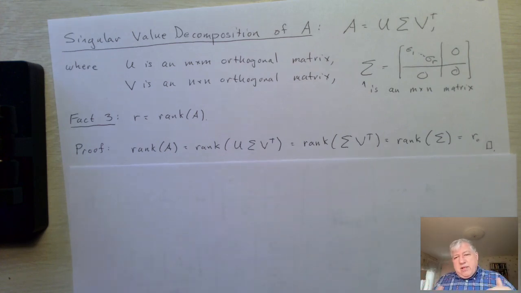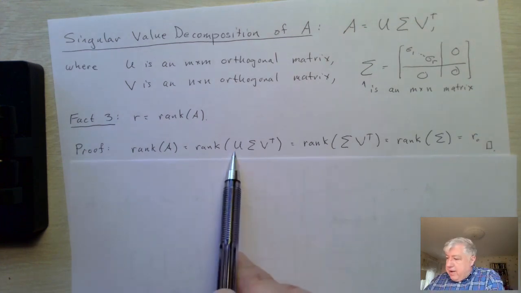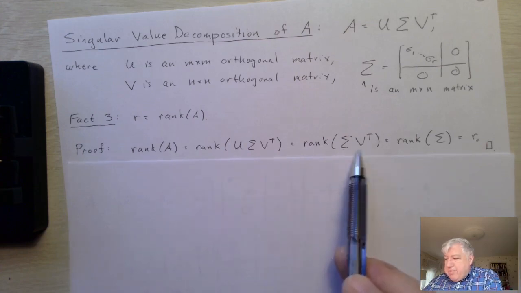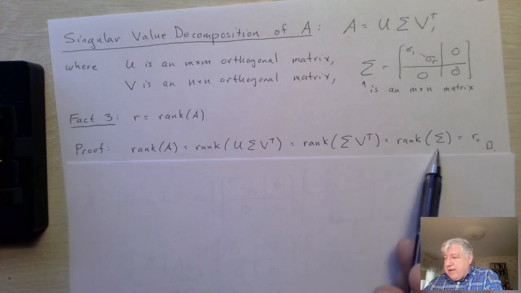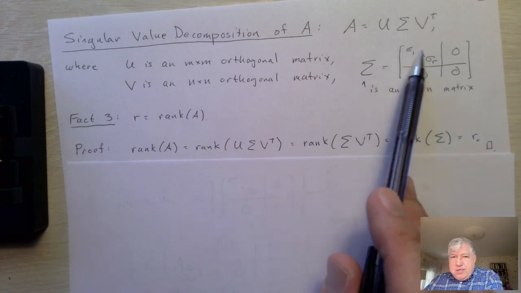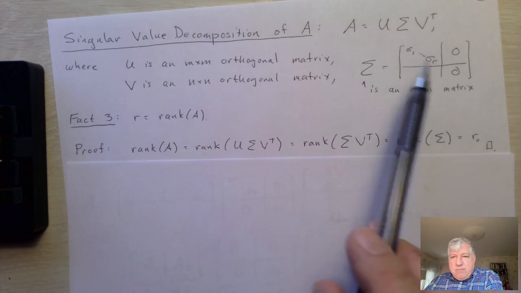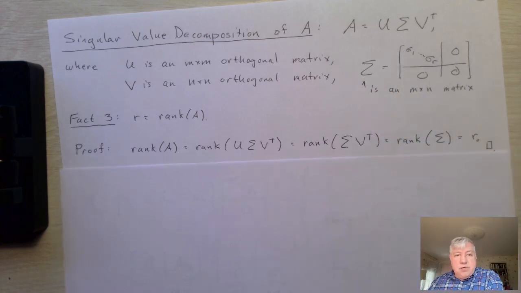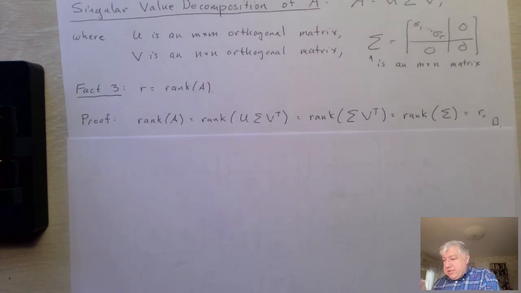Multiplying by an invertible matrix on either side does not affect the rank. So the rank of U sigma V transpose is equal to the rank of sigma V transpose, and that is equal to the rank of sigma. You can see that this sigma is already in reduced row echelon form, and the total number of non-zero rows is exactly r. So that's the rank of A. That's an important thing to keep in mind.